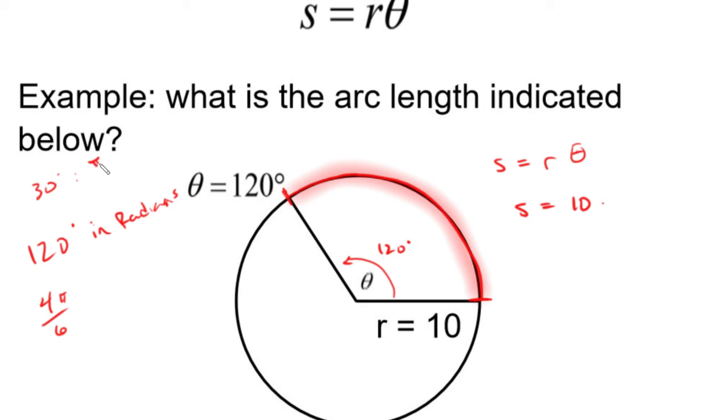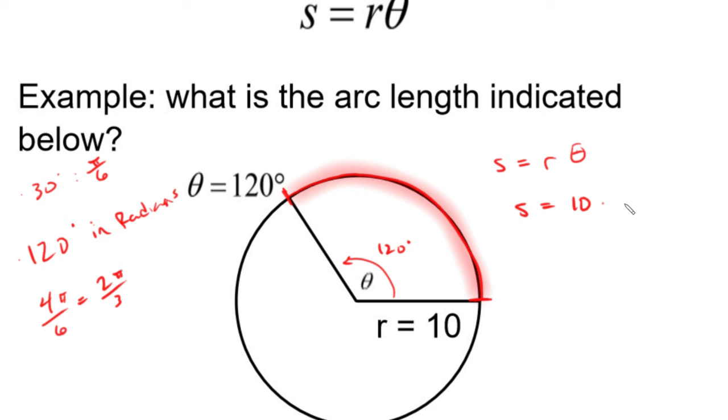To get from 30 to 120, you multiply by 4. To get from pi over 6 to 4 pi over 6, you multiply by 4. Eventually, you should memorize that this is just 2 pi over 3. But until then, this will have to do.